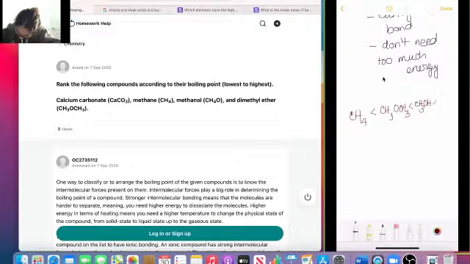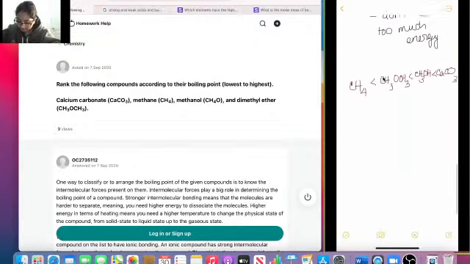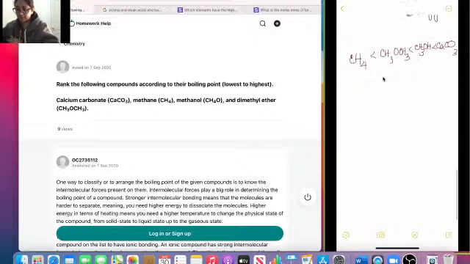And our highest would be calcium carbonate, because calcium carbonate is an ionic compound, and ionic bonds are one of the strongest intermolecular forces. So we can say that this is basically our answer.